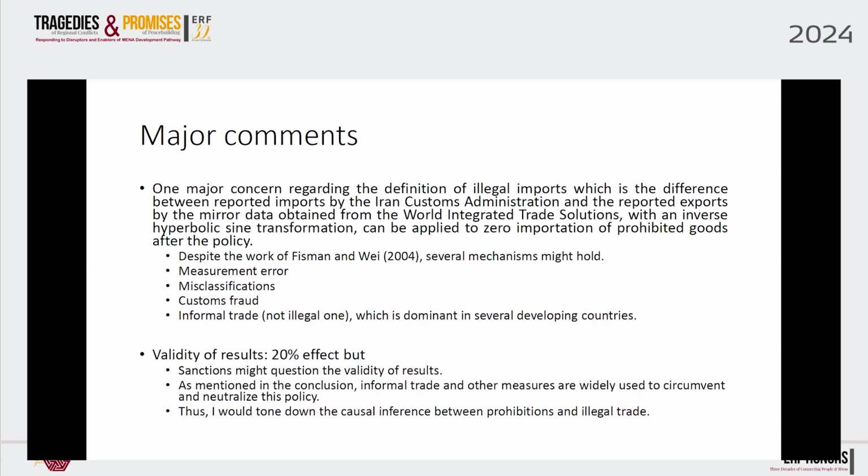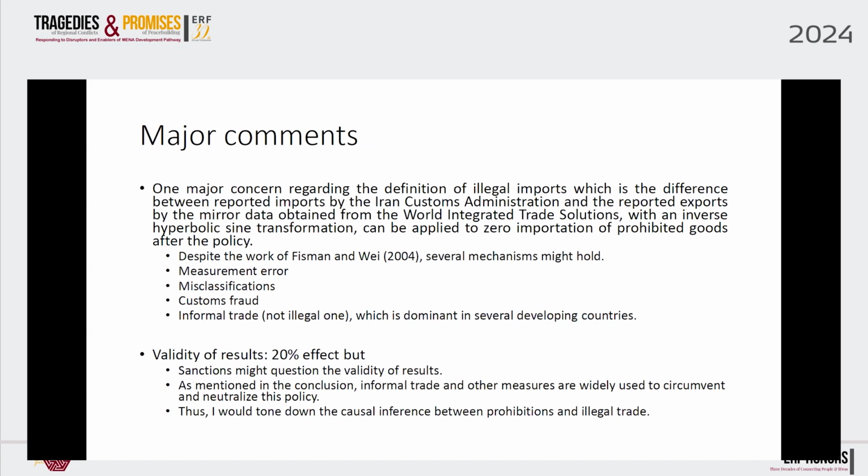And as you mentioned in the conclusion, informal trade and other measures are widely used to circumvent and neutralize this policy. So, to what extent can this policy be disentangled really from other factors, and is the effect really due to this policy?